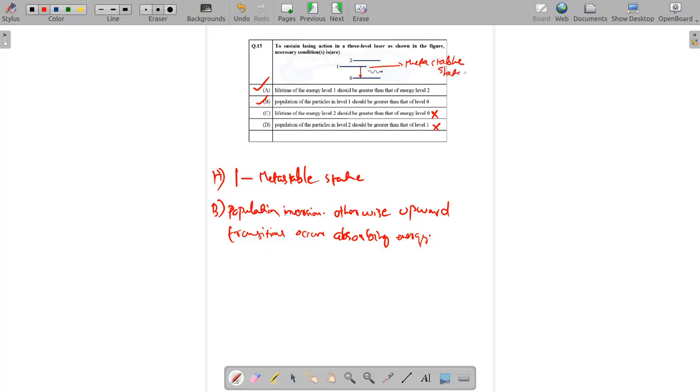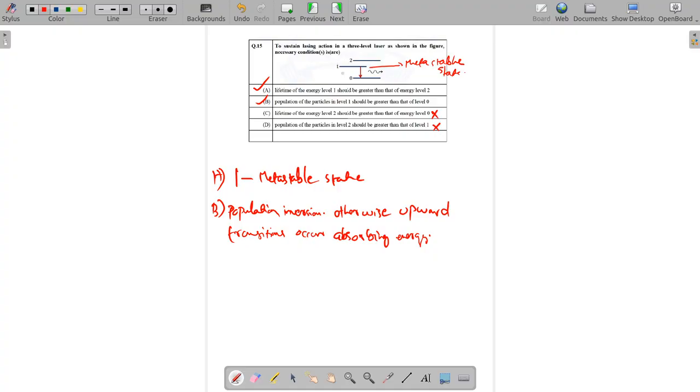At normal temperatures, this will be the ground state. So you have high probable occupation in the ground state. What you do is you invert the population by bumping to the third level, this 2 mark 2 here, then they will suddenly decay to 1, so that will be creating a population inversion.